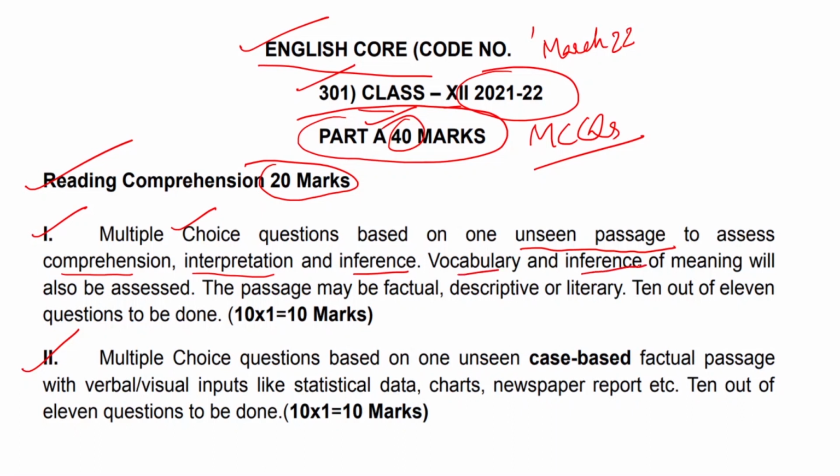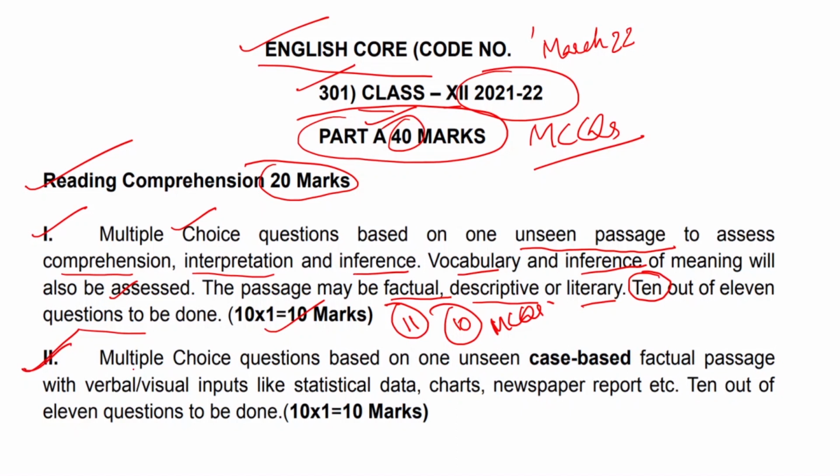Vocabulary and inference of meaning will also be assessed. The passage may be factual, descriptive, or literary. 10 out of 11 questions to be done for 10 marks. So a total of 11 questions can be asked. You have to answer 10. So 10 MCQs. That is the first reading comprehension passage.